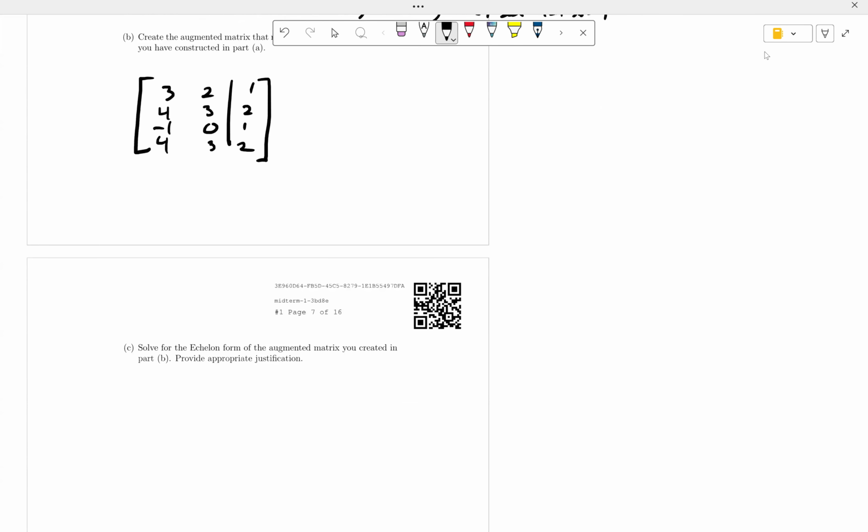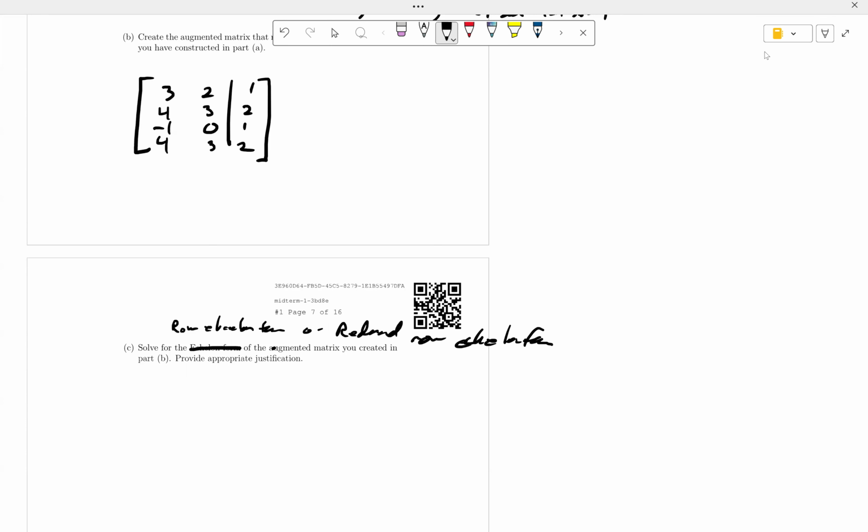Here, this is solve for either the row echelon form or the reduced row echelon form.